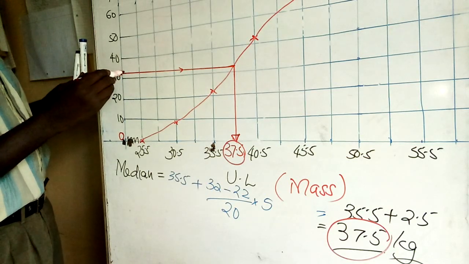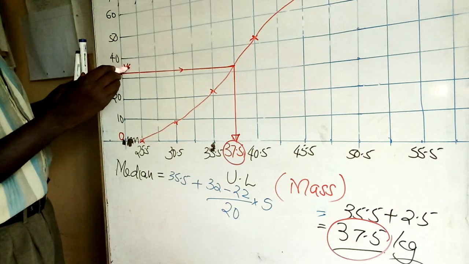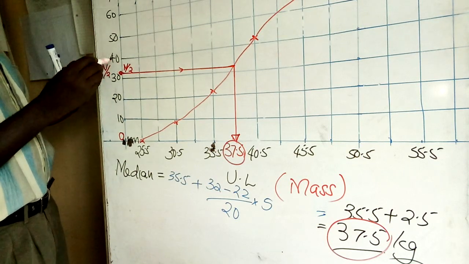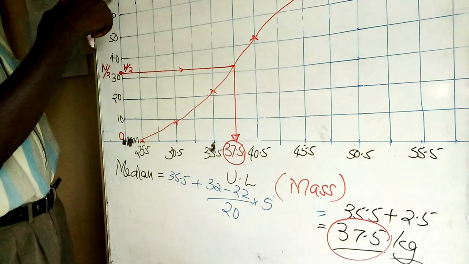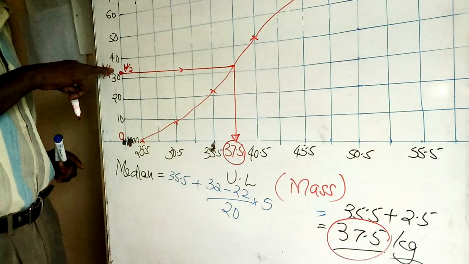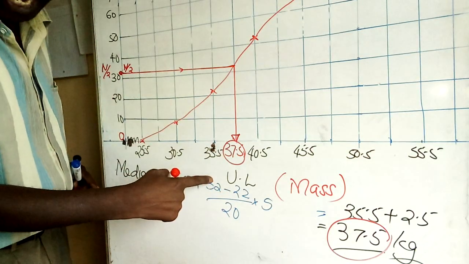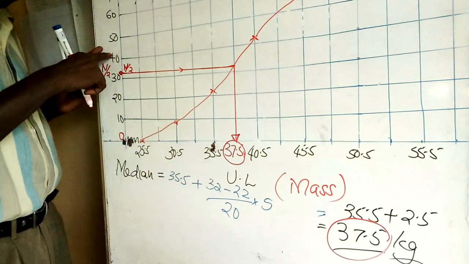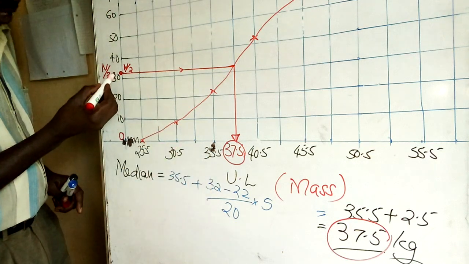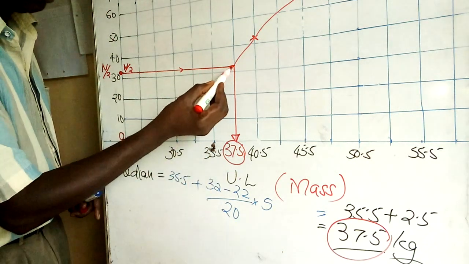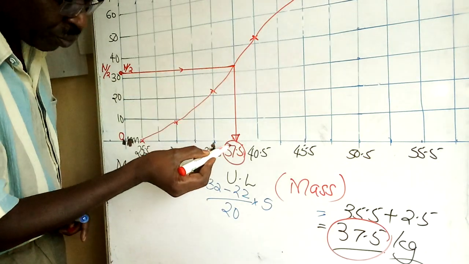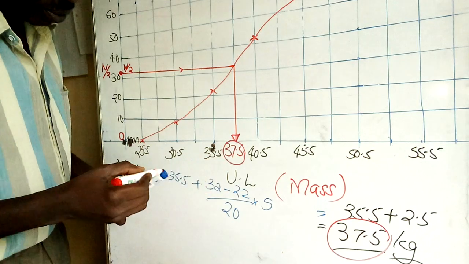This is n divided by 2, because it's a position. This column, cumulative frequency, is about position. We get the middle position, what occupies that position. So we draw from 32, go up to the graph, look at the arrow. After reaching the graph, come down, you read the median.